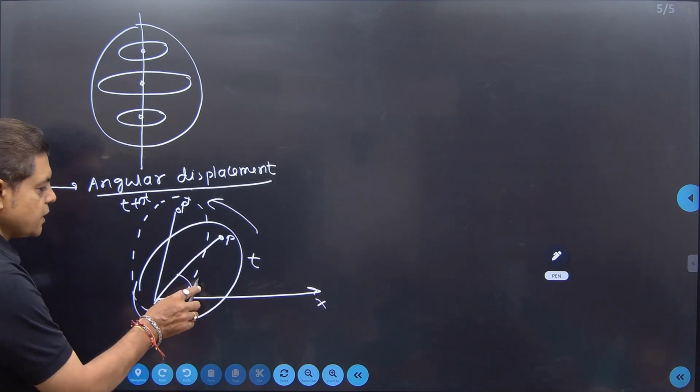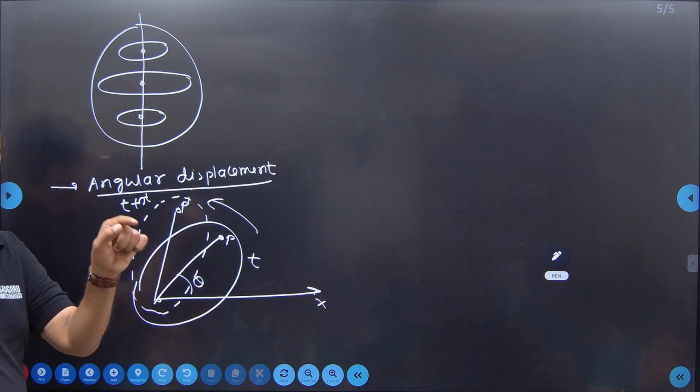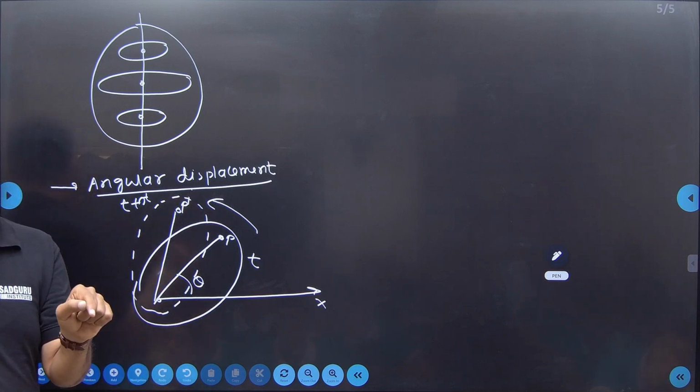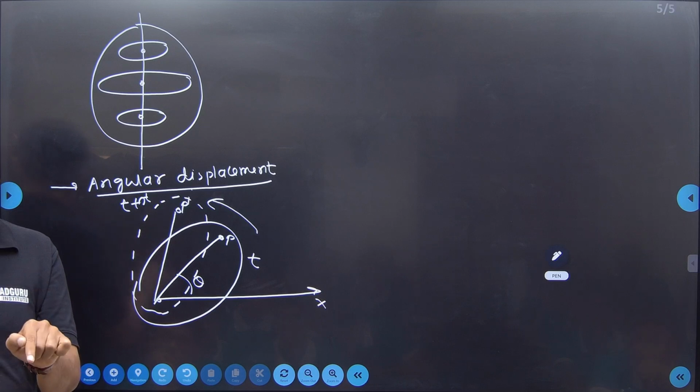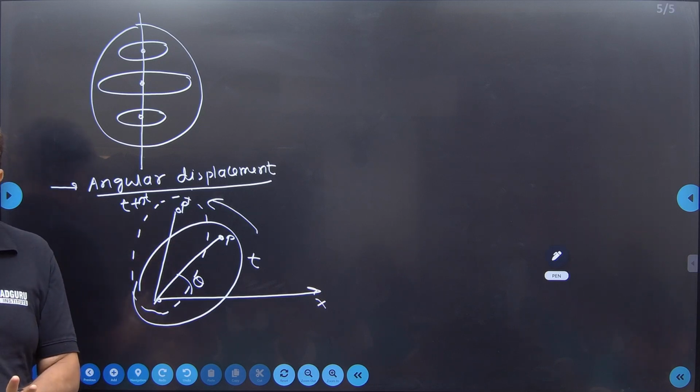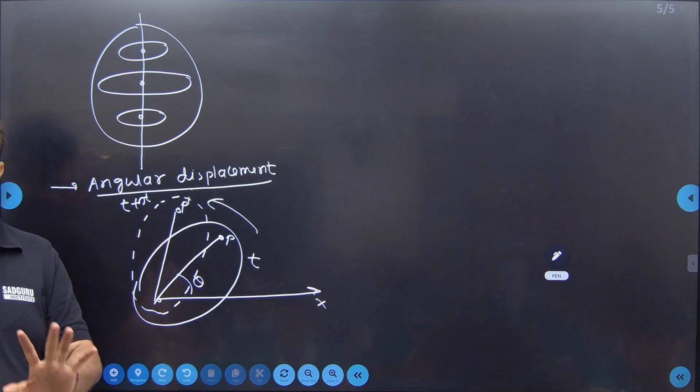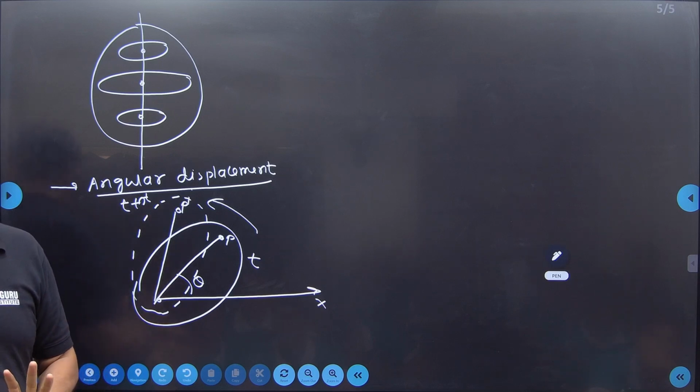So theta is the angular position of that representative particle, and it is the angular position of the whole rigid body.